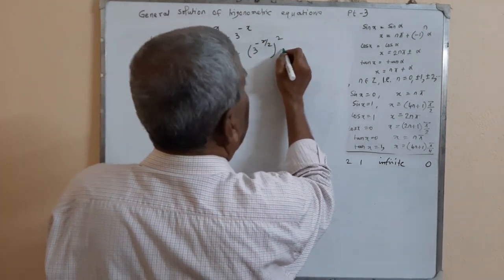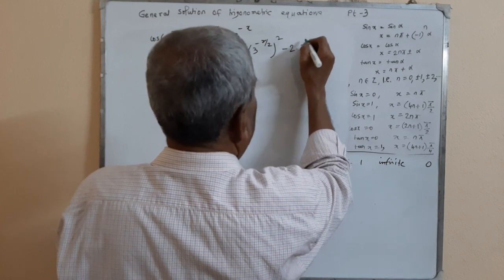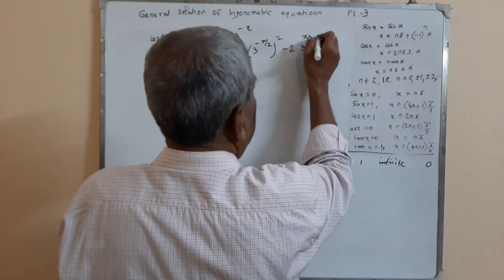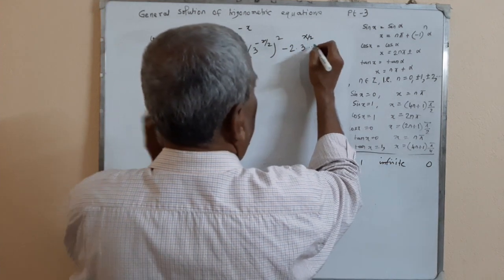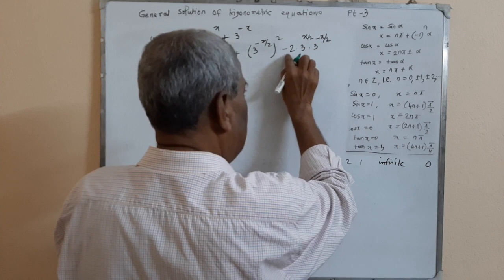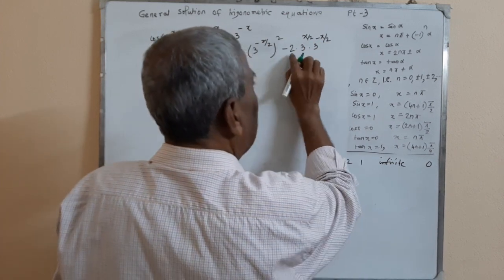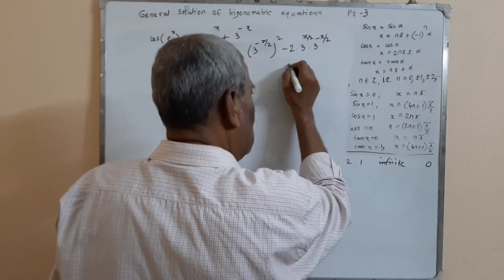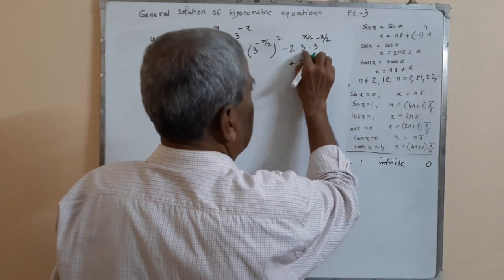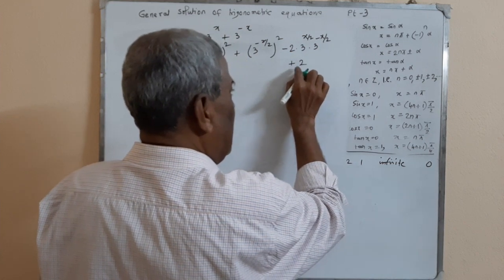I add minus 2 times 3^(x/2) times 3^(−x/2). Actually no such term is there, but I have written it, so I adjust by adding 2.